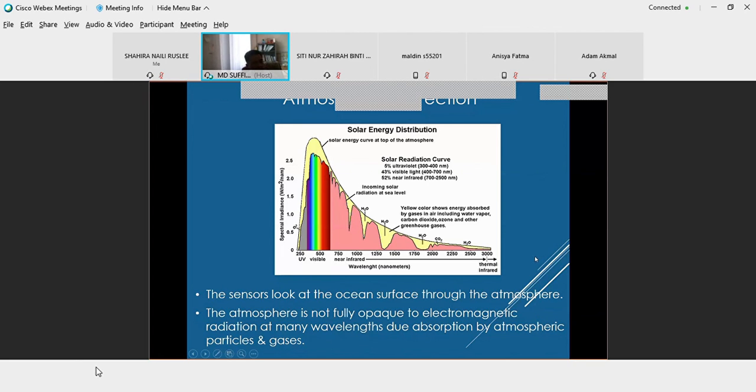Not all reflected light that comes from the Earth's surface comes from the object on the ground. Not everything comes from the object we scan. Some comes from particles in the atmosphere, because of scattering and reflection, that reach or are captured by the sensor. So all of that has to be removed. That is why atmospheric correction has to be done. Any data that does not originate from the object scanned below, we have to correct there.